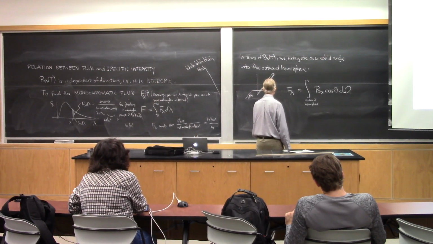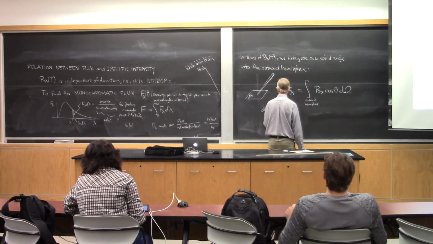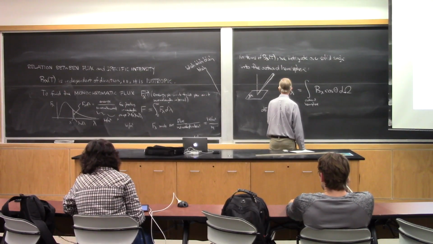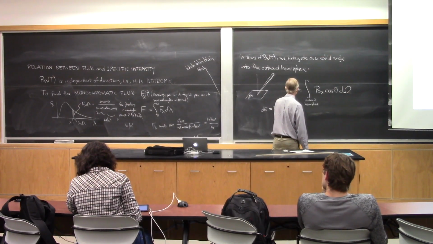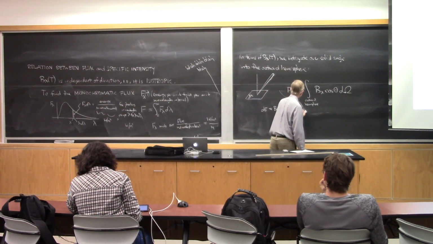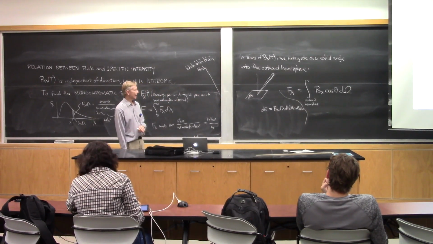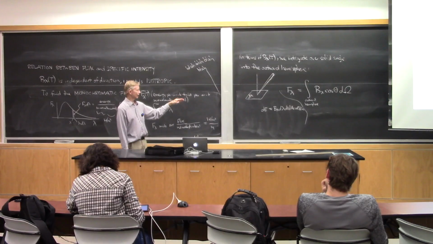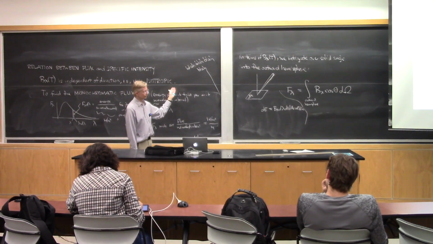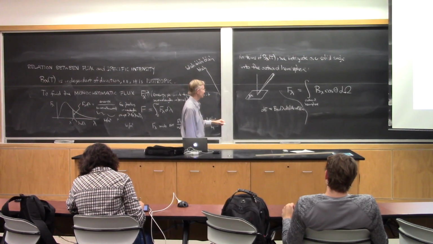remember that dE is equal to B lambda times d lambda dt dA cos theta d omega, right? Remember that whole big string that we multiply B lambda by to get what dE is coming out of our little patch of area dA into solid angle d omega in wavelength range lambda to lambda plus d lambda and so forth.